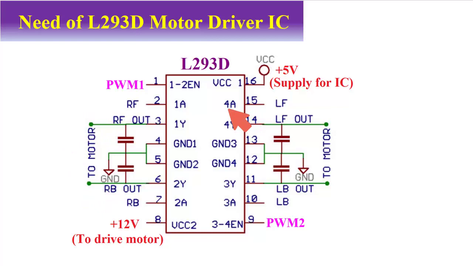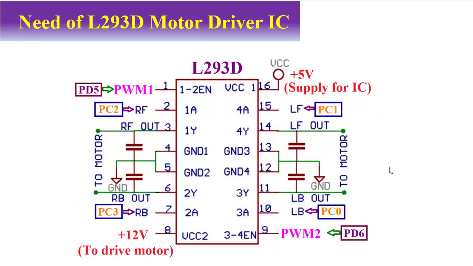Similarly, this 4A terminal will be connected to one terminal of the microcontroller, and this 3A terminal will be connected with another terminal of the microcontroller, and these 2 signals will be used to control the movement of this side motor. So terminal 2, terminal 7, terminal 15 and terminal 10 will be connected with microcontroller terminals, which will be used to control this motor as well as this motor.